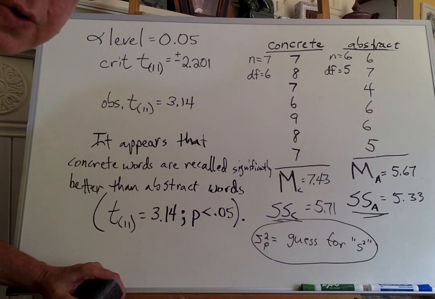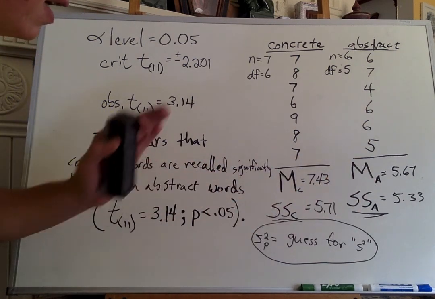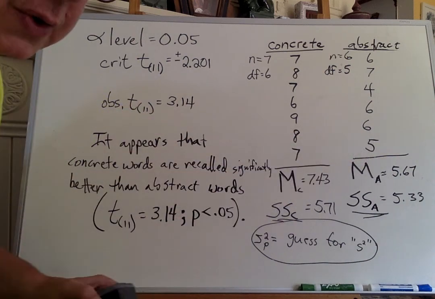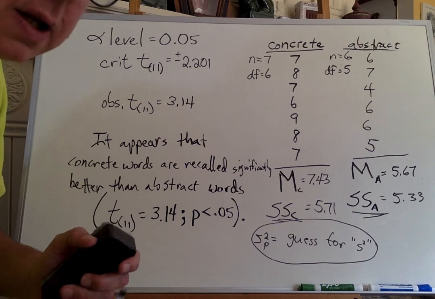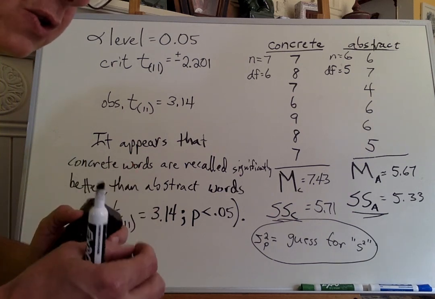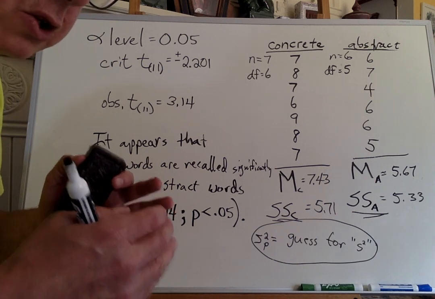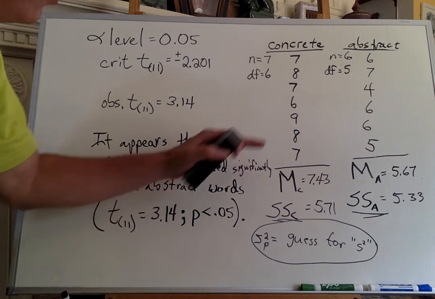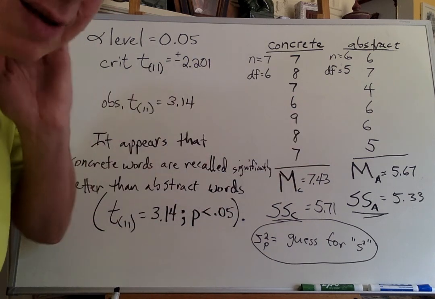This is how you do a t-test for two groups. They have different subjects. This time I used different size samples, which is absolutely okay. There was a professor in my department, a professor teaching this course, and she was telling students that you couldn't do a t-test with different size samples.